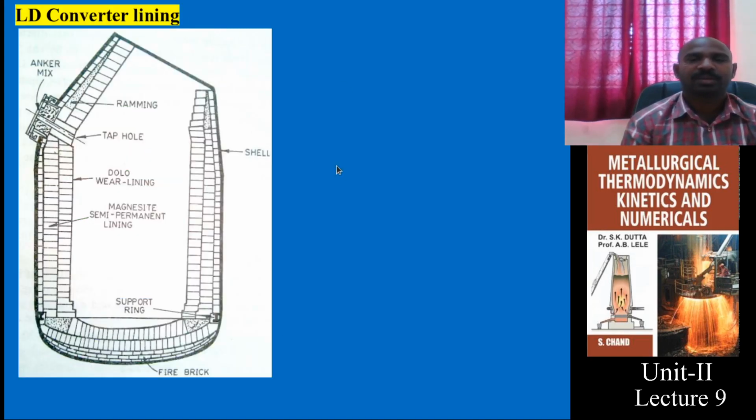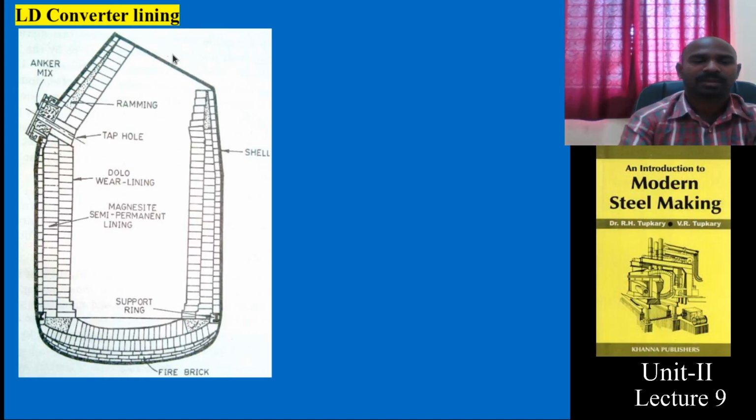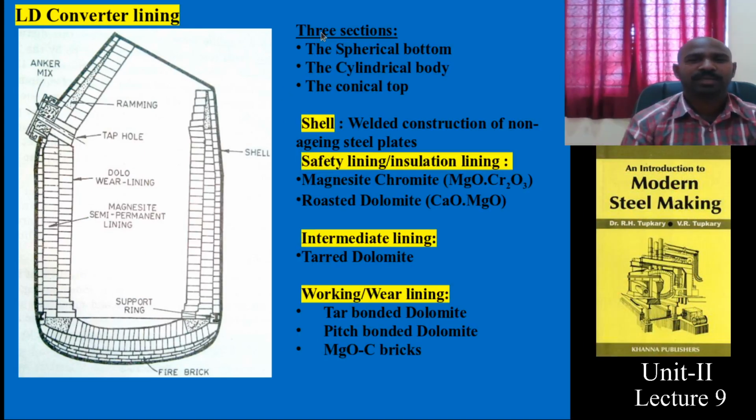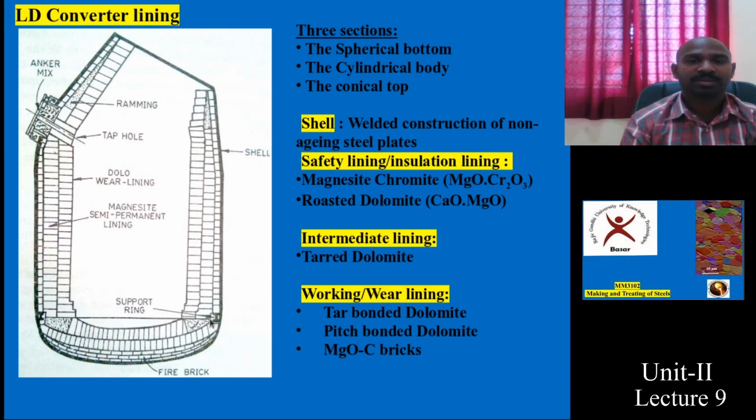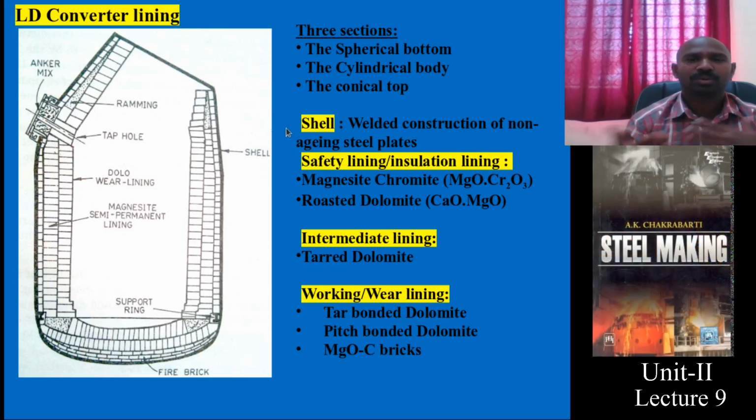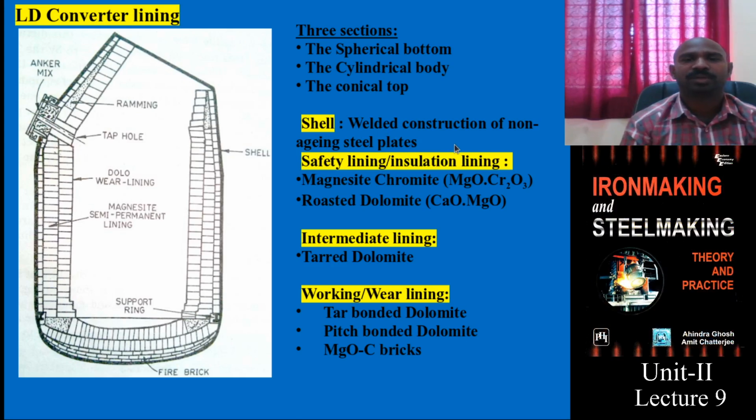And this talks about the LD converter lining, which is nothing but refractory lining. The basic division of the LD steel making vessel is the spherical bottom, cylindrical body and conical top. The entire outer part of the LD shell is made with a combination of welding and non-aging steel.